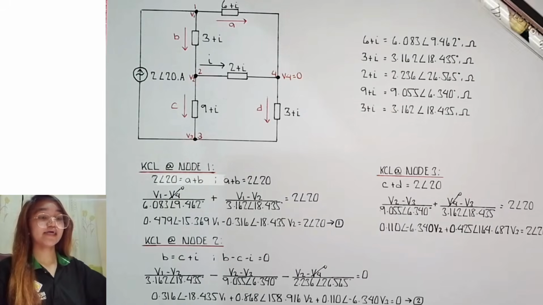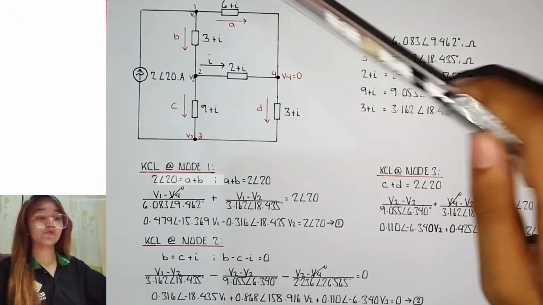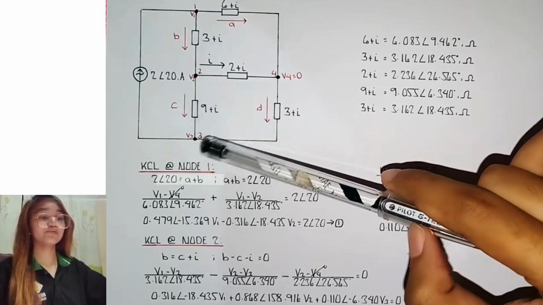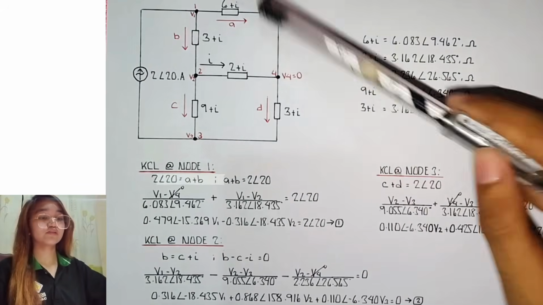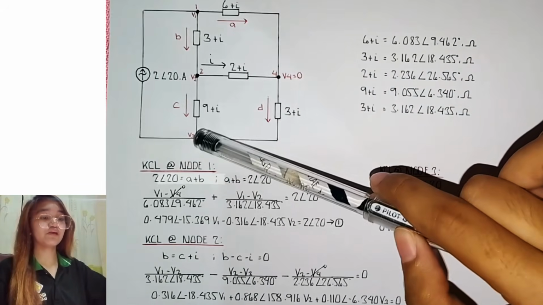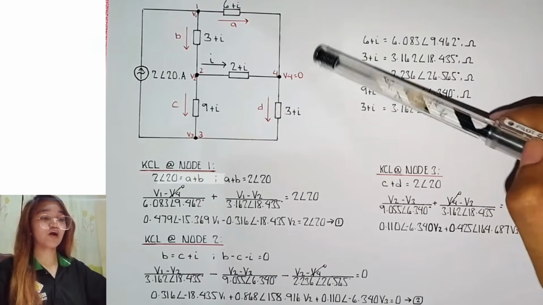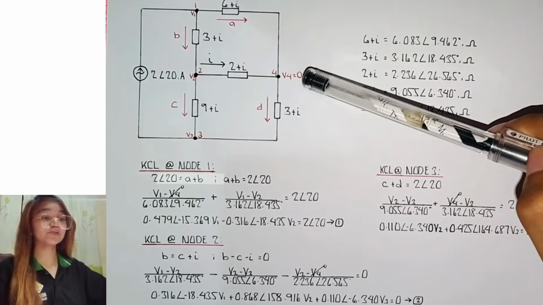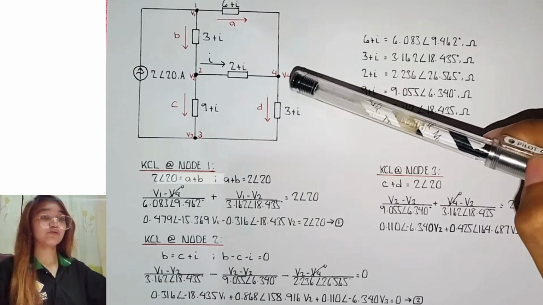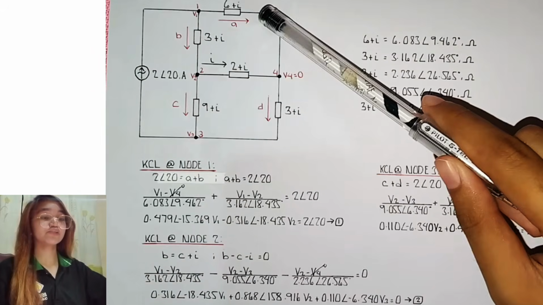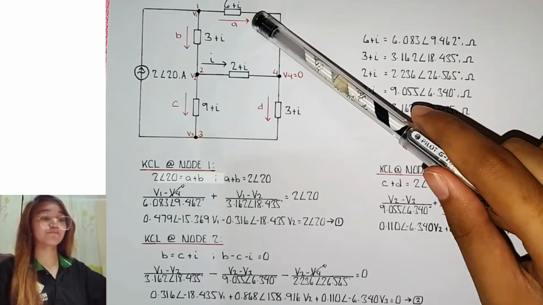So first, I assign the nodes. So node 1, node 2, node 3, node 4. It is also the V1, V2, V3, and V4. So the value of our V4 is equal to 0. And then we also define the direction of the currents in each impedance.